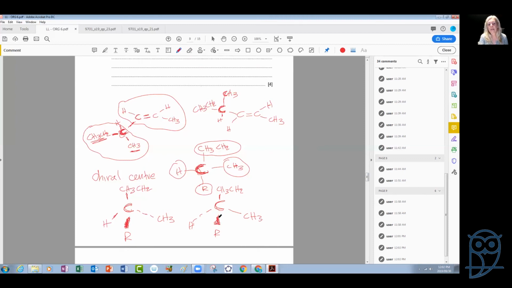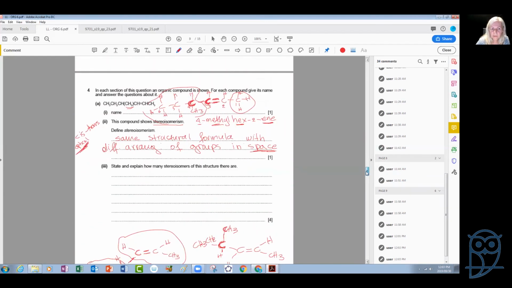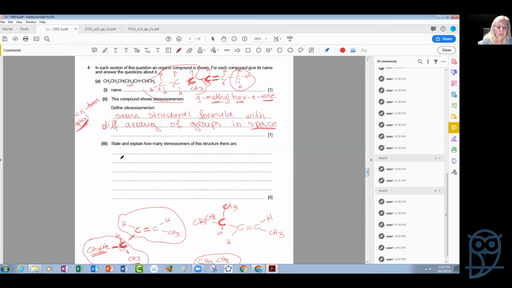So these two, in other words, are also isomers. They're not the same thing. It's like a mirror image between our two hands. They look the same, but they're not. They cannot overlap if we put them one on top of the other. So we have two cis-trans isomers and two optical isomers, and therefore altogether we have four stereoisomers.